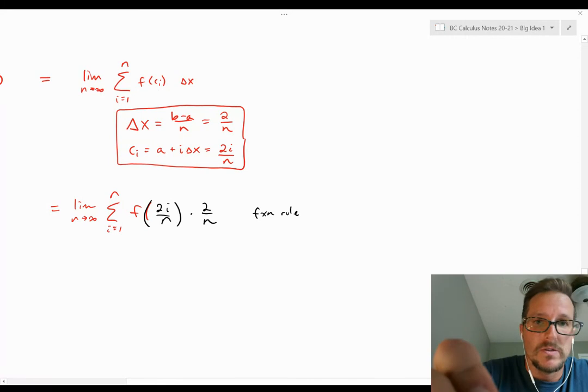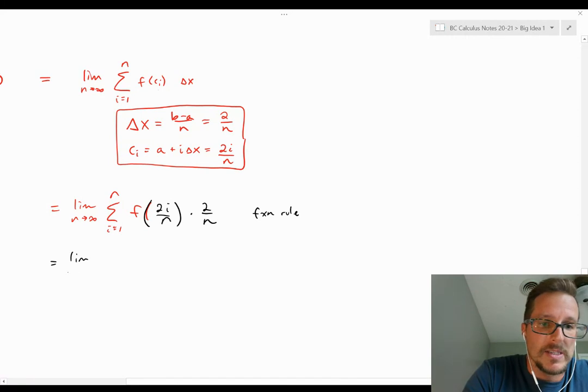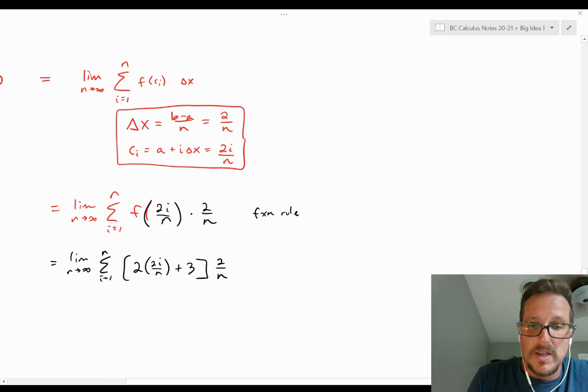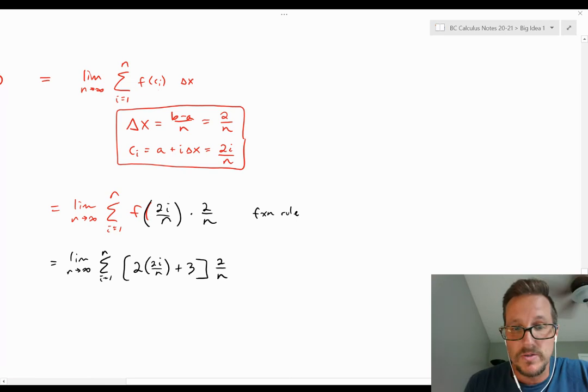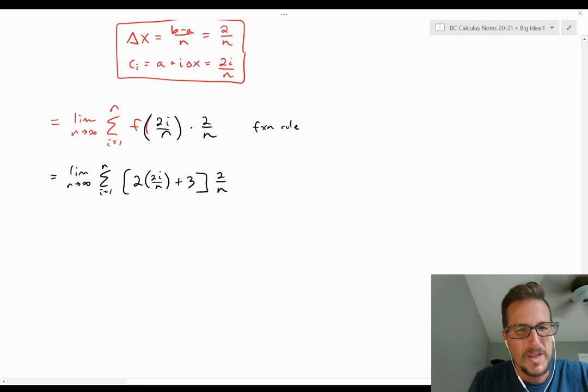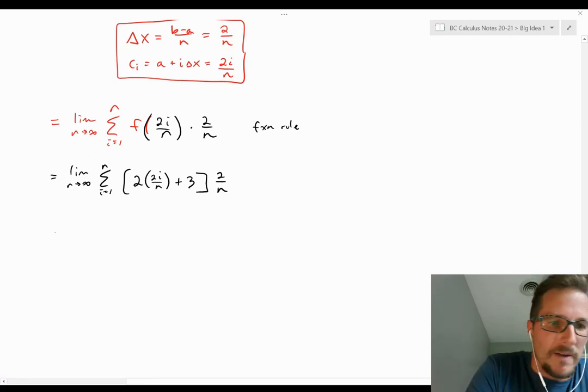So that will be the limit as n goes to infinity, the sum from i equals 1 to n, f of the 2i over n is 2 times 2i over n plus 3, all of that multiplied by 2 over n. Now, all we've got this boiled down to is some summation properties. And there's all kinds of summation properties out there. I know we haven't talked about them, but we can still kind of work this out.